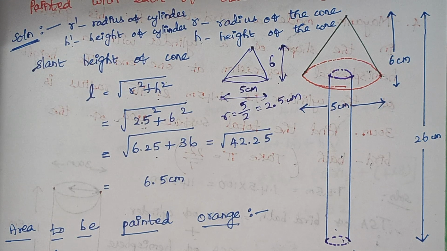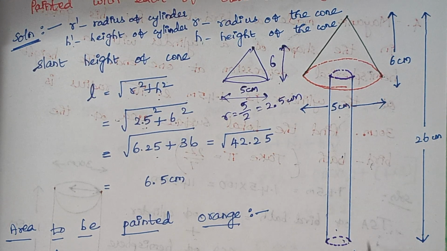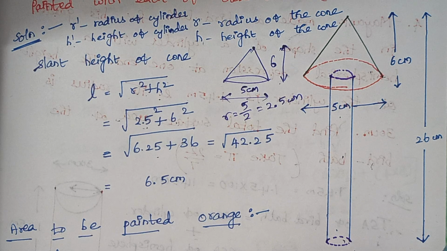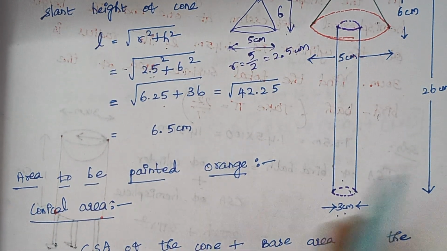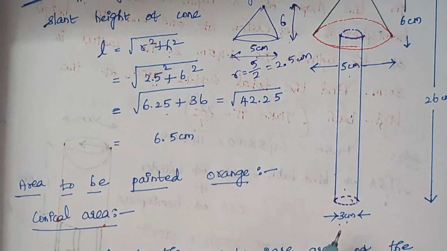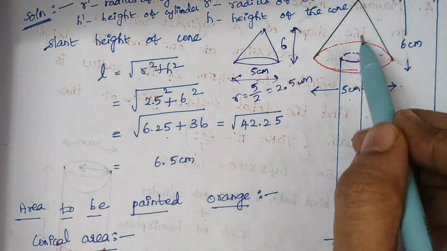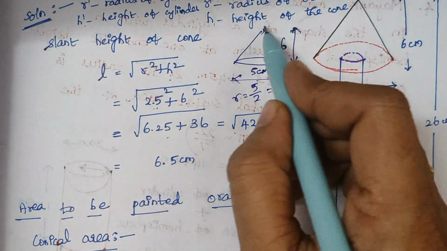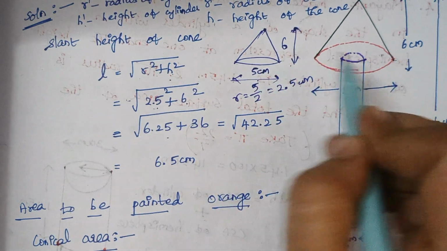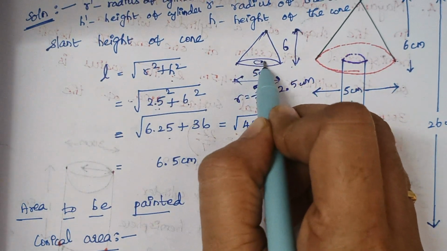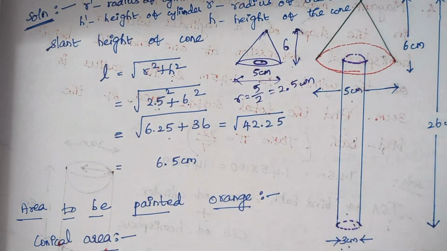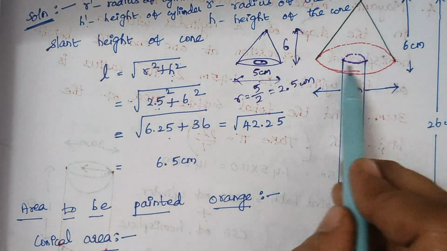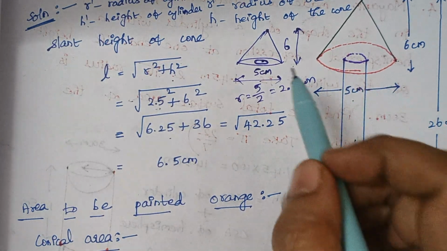Now we are considering the conical part, because the conical part we need to paint in orange color. So the area to be painted orange is the conical area. When you consider the cone alone, here I am having the top portion of the cylinder.